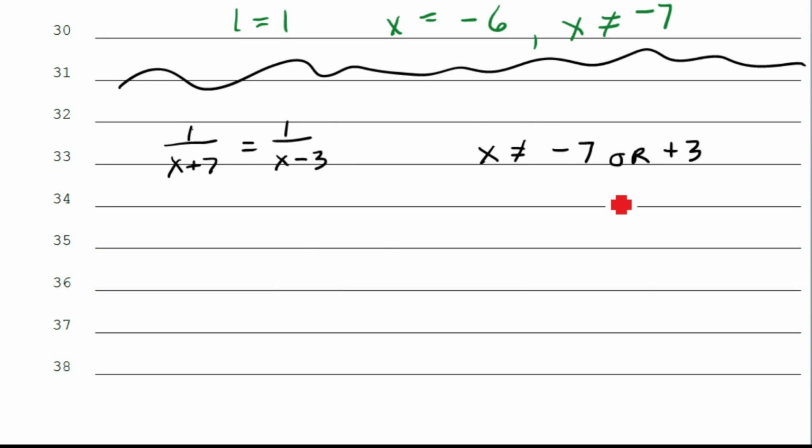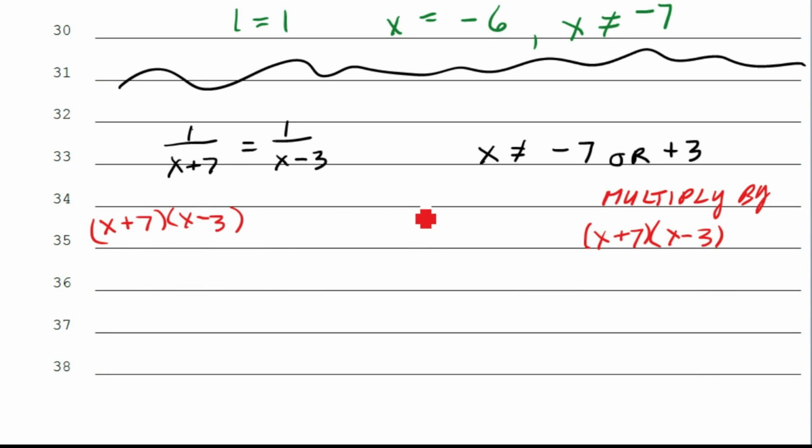Go through the same routine, multiply both sides by the least common denominator, just x plus 7 times x minus 3. Here is x plus 7, x minus 3. On this side we'll have x plus 7, x minus 3.